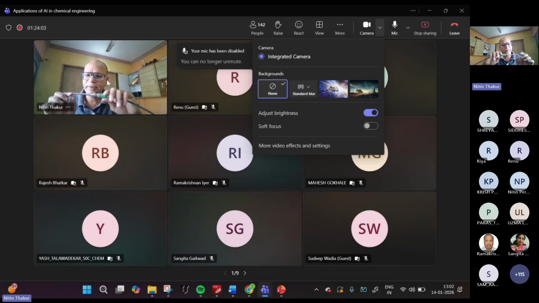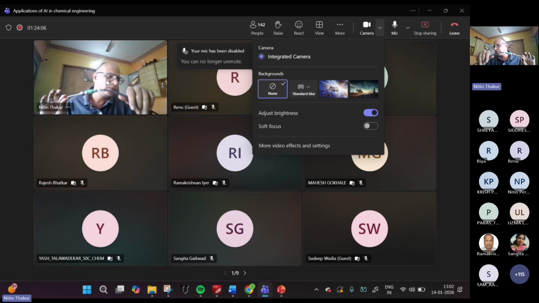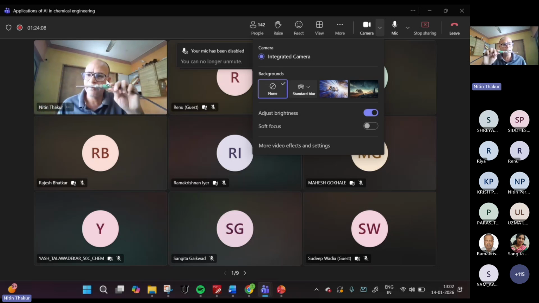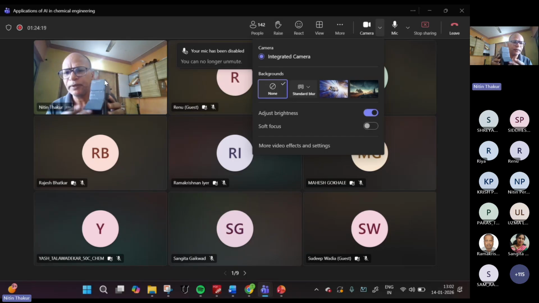Now that being said, this is the temperature sensor that takes the data. It goes into a PLC card of this type, inside the PLC card. So a physical sensor takes the data and sends it to the PLC.